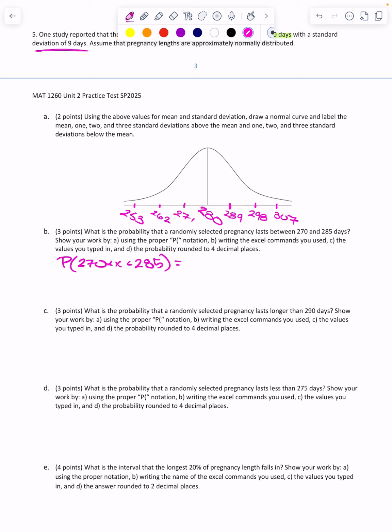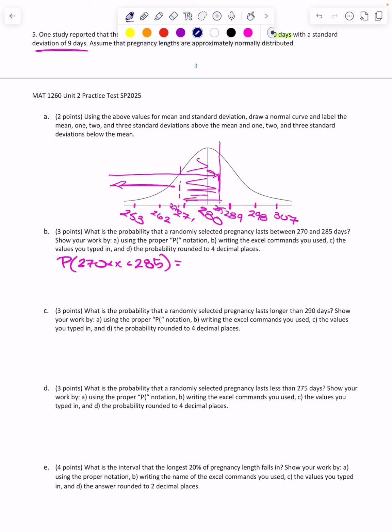So my 285, roughly here, and 270. Going up to 285 is going to give us everything here, and then what we're going to do is subtract off this part, leaving us just with this stuff in the middle.